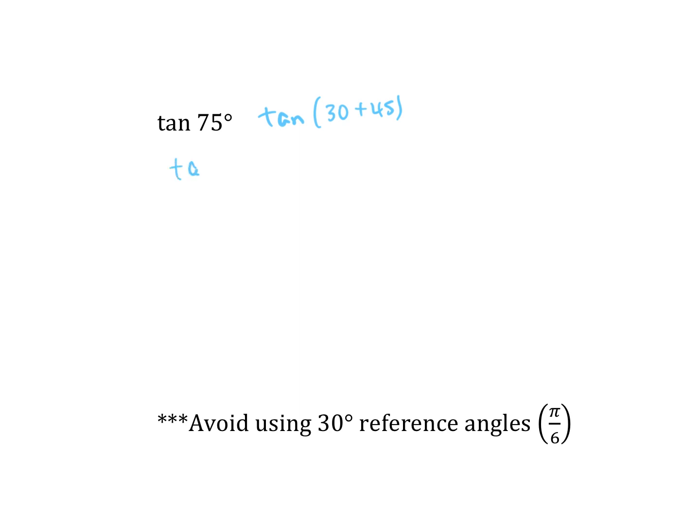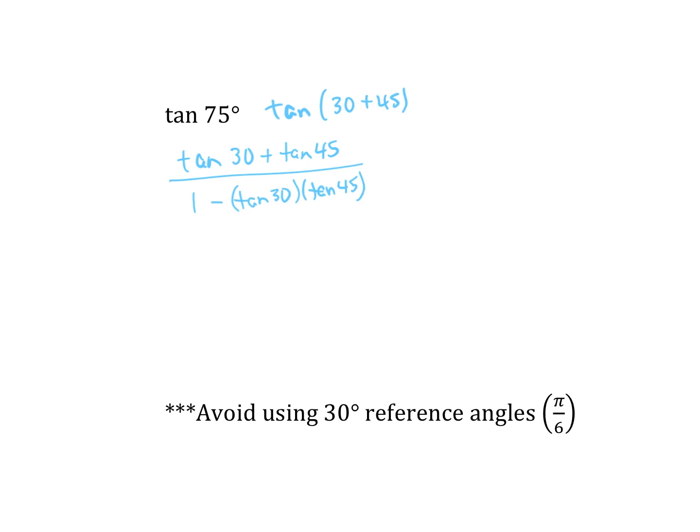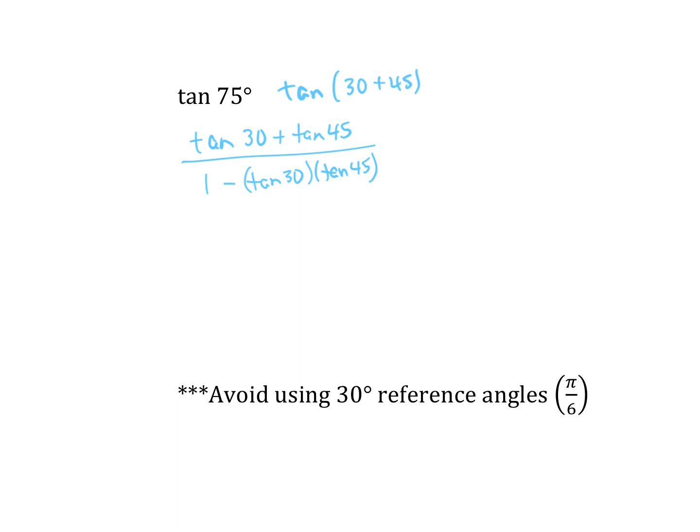So we're going to use 30 plus 45, so we're going to have tangent of 30 plus tangent of 45, all over 1 minus tangent of 30 times the tangent of 45. Okay. All right. So here's the issue. The tangent of 30, we end up having to rationalize that.